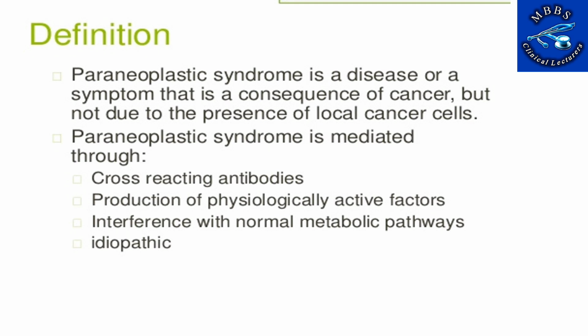You can see the whole chart, and you have to memorize the important ones, like carcinoid syndrome. We can see it in bronchial adenocarcinoma or carcinoid tumor. The other one is dermatologic disorders.